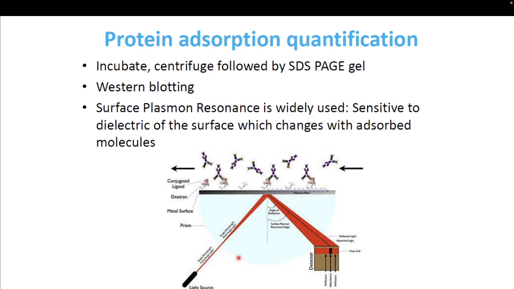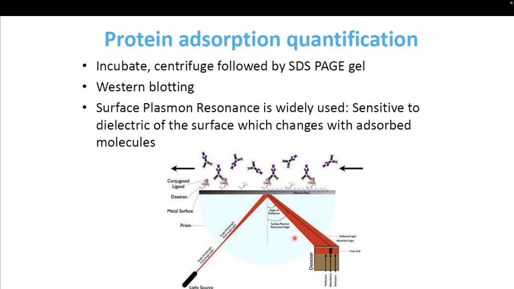To measure how exactly the dielectric is changing, you can take a light source and shine it on this surface. In case there are no proteins, it will have a particular angle of reflection. Once you have proteins interacting with the surface, this angle of reflection changes.